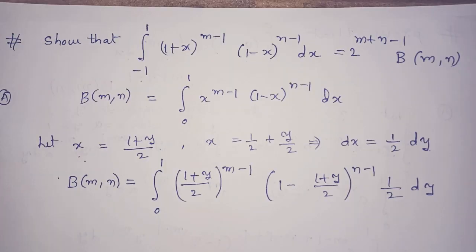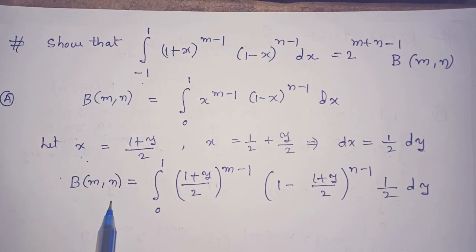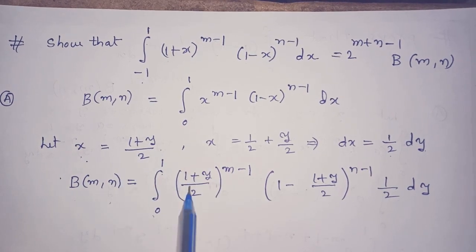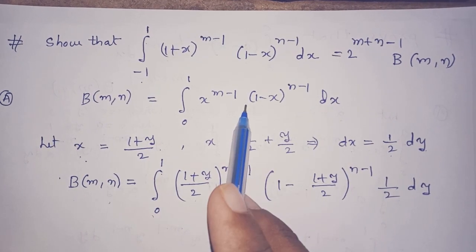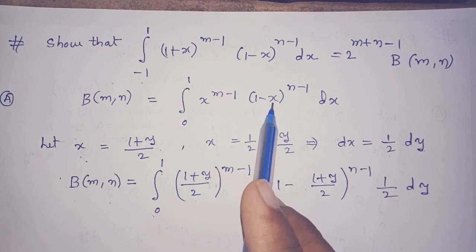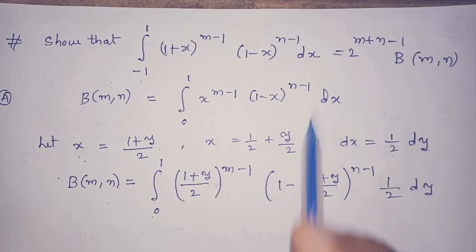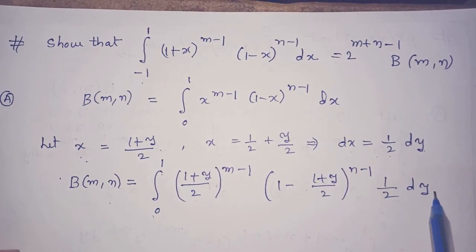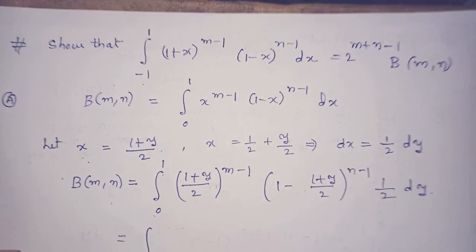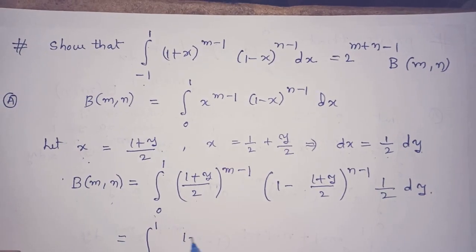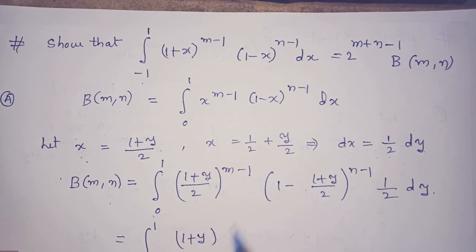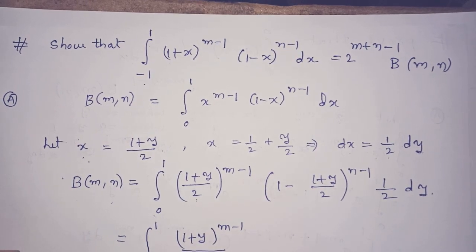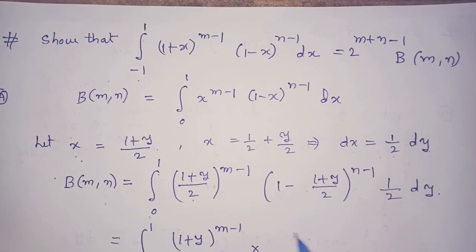Therefore B(m,n) is equal to the integral within limits 0 to 1, in place of x, ((1 plus y)/2) whole power of m minus 1, into 1 minus x, meaning 1 minus (1 plus y)/2, whole power of n minus 1, dx meaning 1/2 dy.